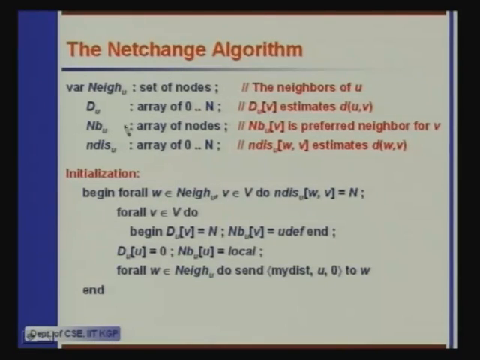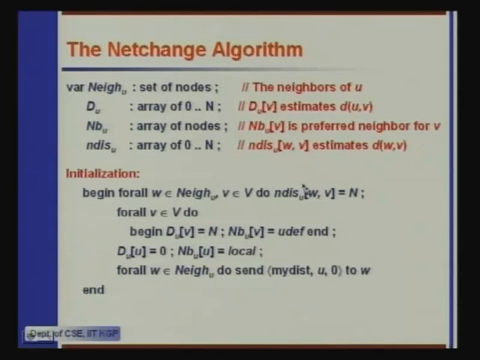NB_u is an array of nodes. NB_u[v] is the preferred neighbor for routing packets to v. Again as before, no difference with before.